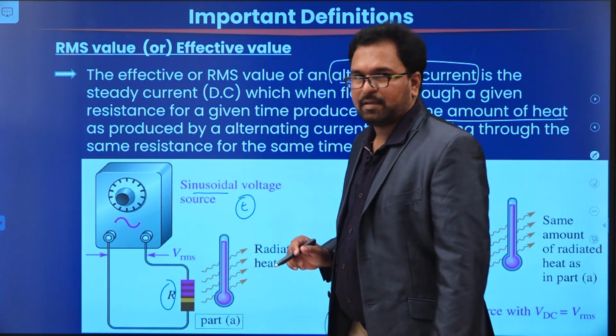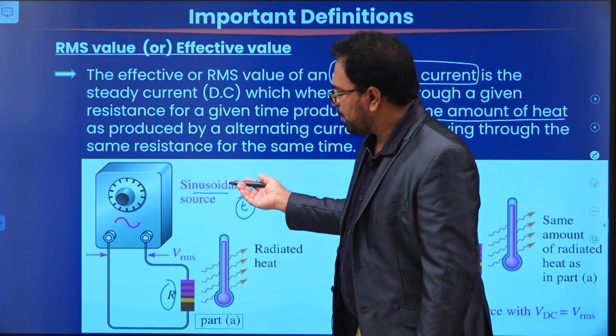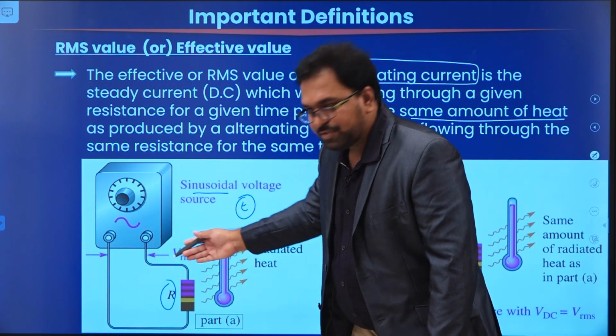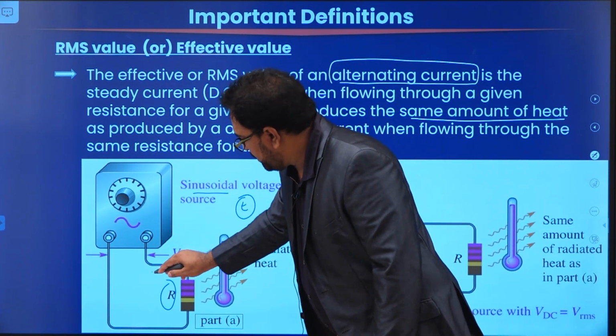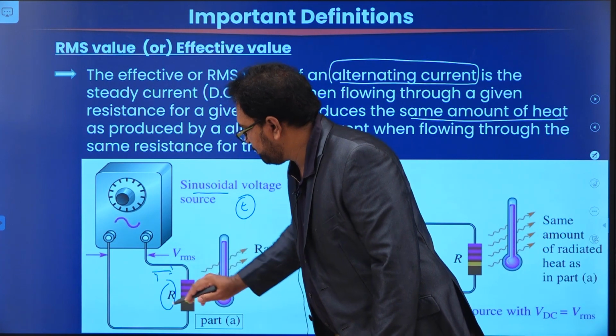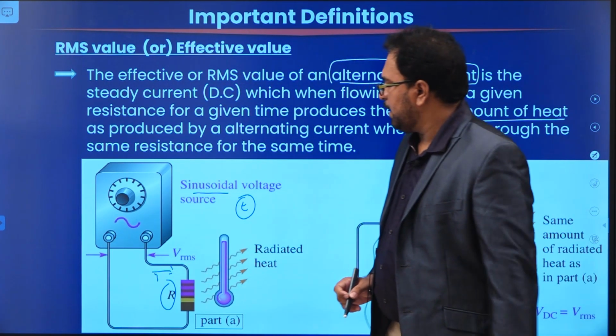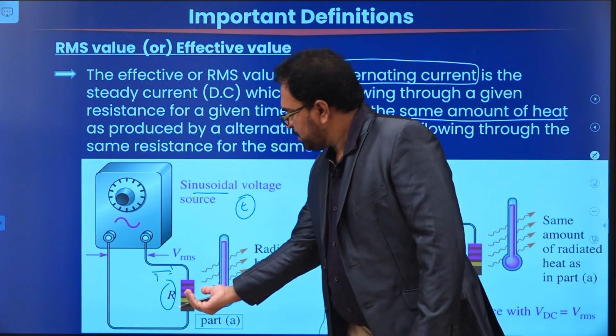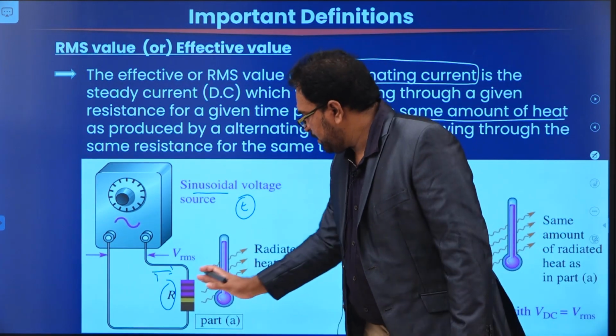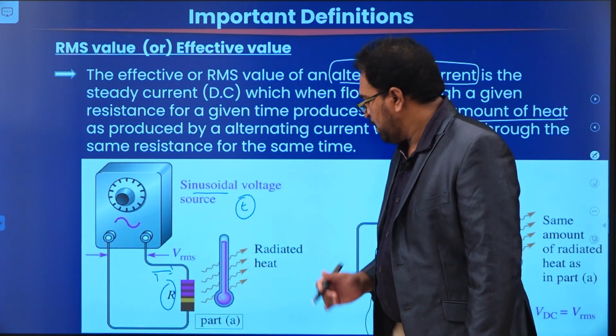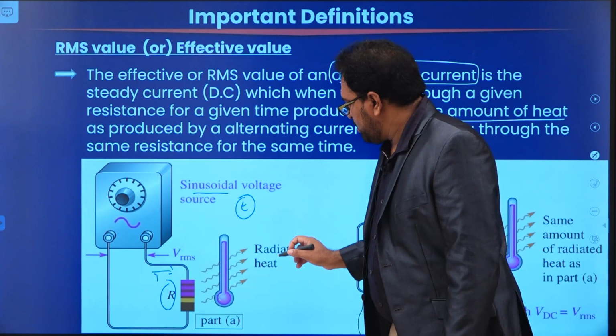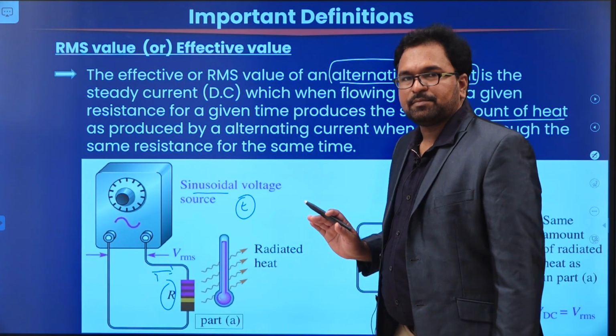Sinusoidal current, because when you apply a sinusoidal voltage, it will produce sinusoidal current only. When this flows for a period of time t, since the resistor is a dissipative element, it dissipates some heat. You can measure the heat that is radiated from the resistor.